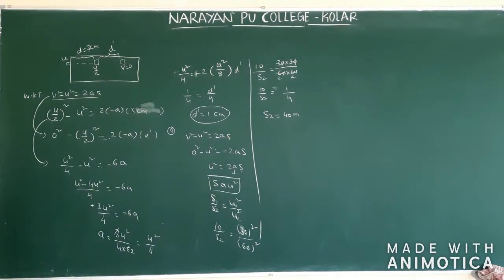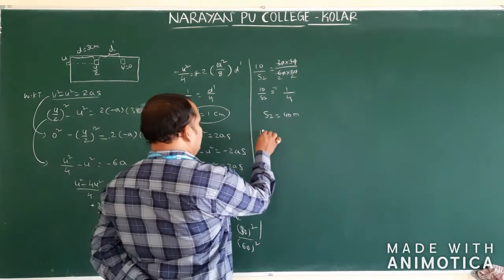Next question number 10. If initial velocity of a particle is 40 meters per second and is moving in a straight line under constant retardation 5 meter per second square. The ratio of displacement in 4 seconds and 4th second. Initial velocity how much they gave? 40.